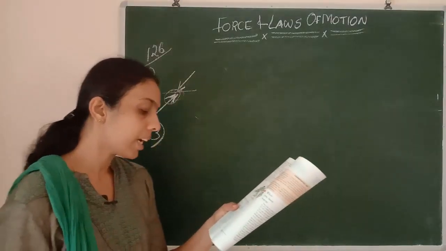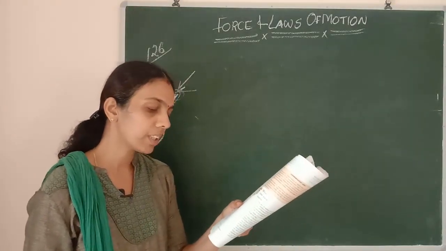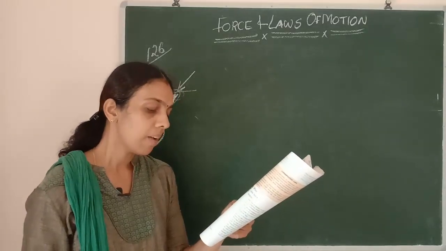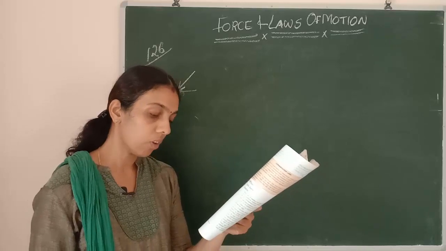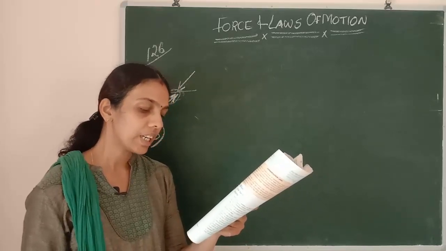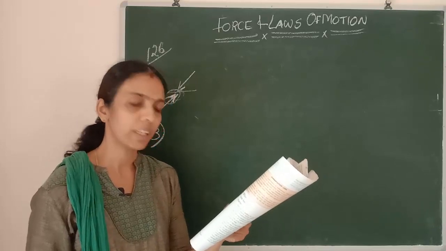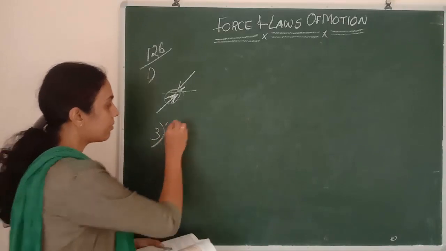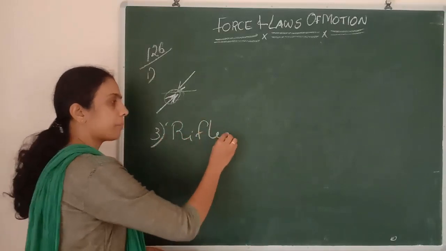From a rifle of mass 4 kg, a bullet of mass 50 gram is fired with an initial velocity of 35 meter per second. Calculate the initial recoil velocity of the rifle. So here I am considering the rifle and the bullet separately.